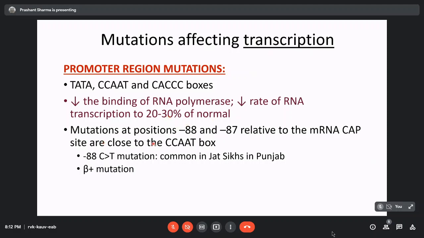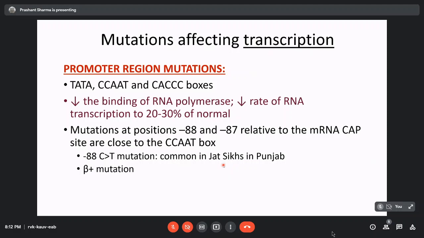And of these, the prominent mutations are those at position minus 88 and minus 87. So when we say minus 88 or minus 87, we mean that it is upstream of the coding sequence. This is relative to the mRNA cap site, and they are close to the promoter region. And one of these mutations, the minus 88 C to T, is the commonest one found in Punjab.